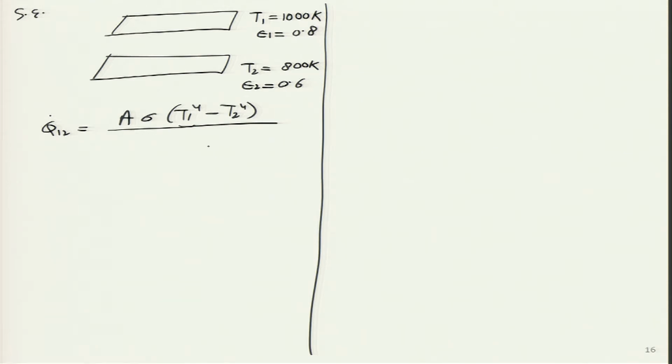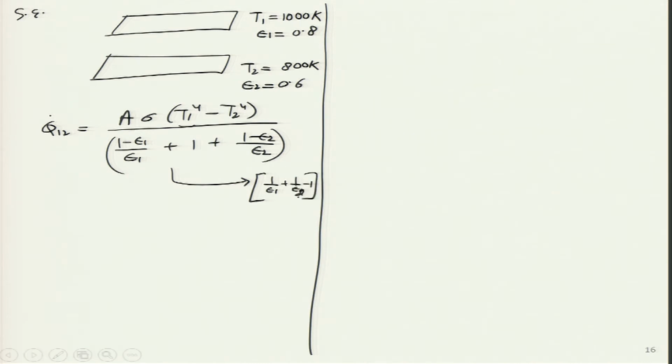That total resistance will turn out to be (1 minus epsilon 1) by epsilon 1 plus 1 plus (1 minus epsilon 2) by epsilon 2. If you remember, this whole thing by itself will turn out to be a very simple form over here, and both are actually the same. So, many of the textbooks use this particular relationship, but it actually comes from here.